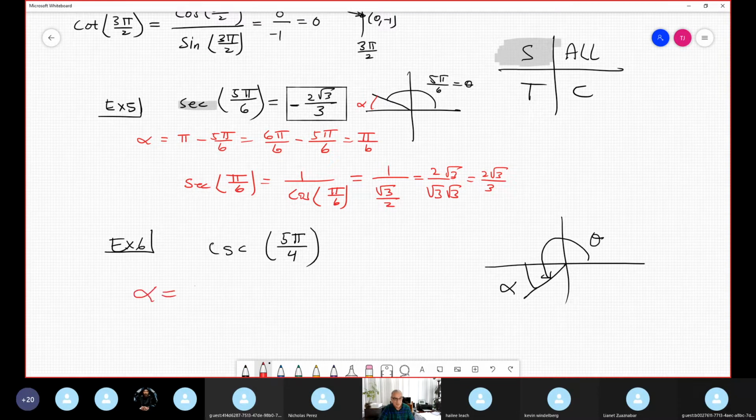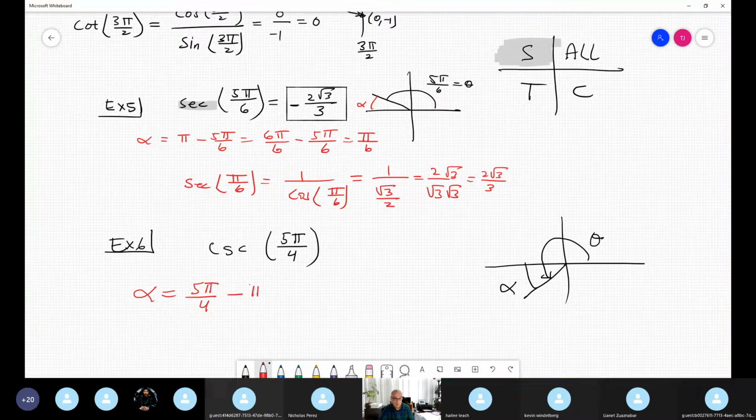Alpha is pi minus 5 pi over 4. No, it's 5 pi over 4 minus pi. It's in the third quadrant, the formula is different. It's 5 pi over 4 minus pi because 5 pi over 4 is bigger than pi.